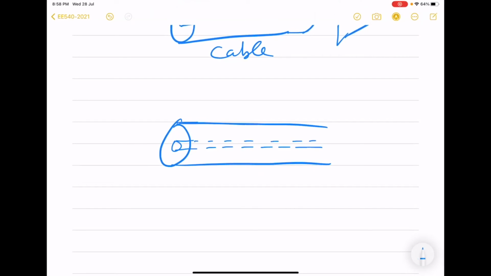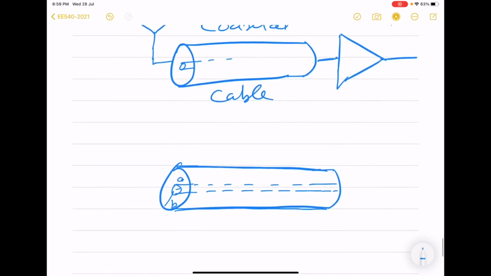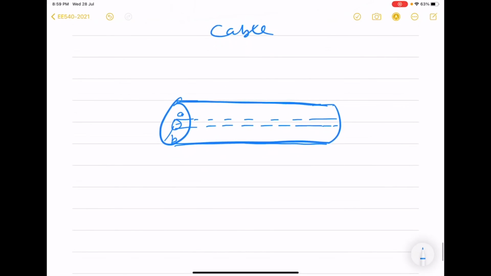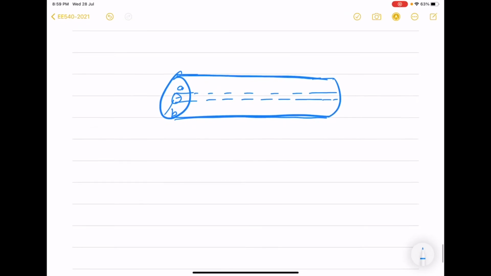So one is this outer conductor, which has radius say equal to B, and then we have inner conductor of radius A. So it is this type of cable which will be used to connect antenna and LNA. Now this cable is characterized by an impedance called characteristic impedance.